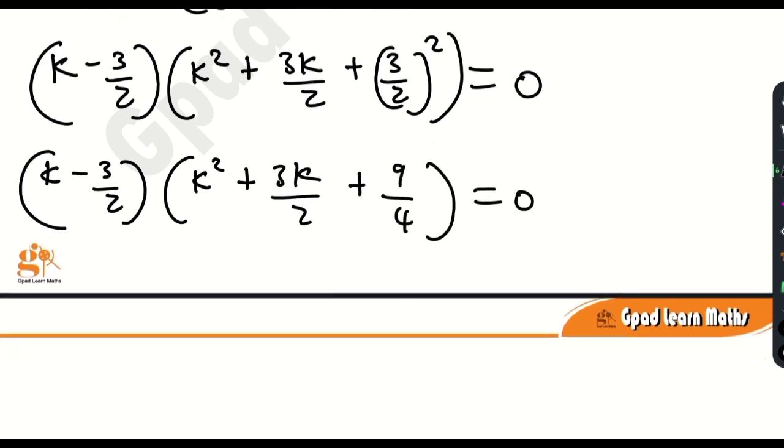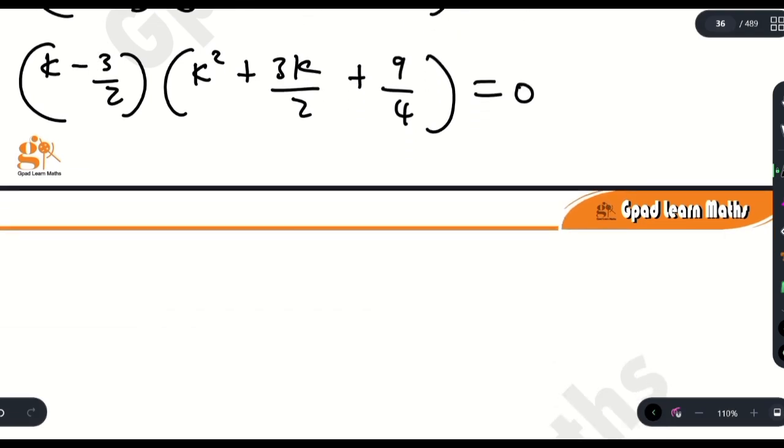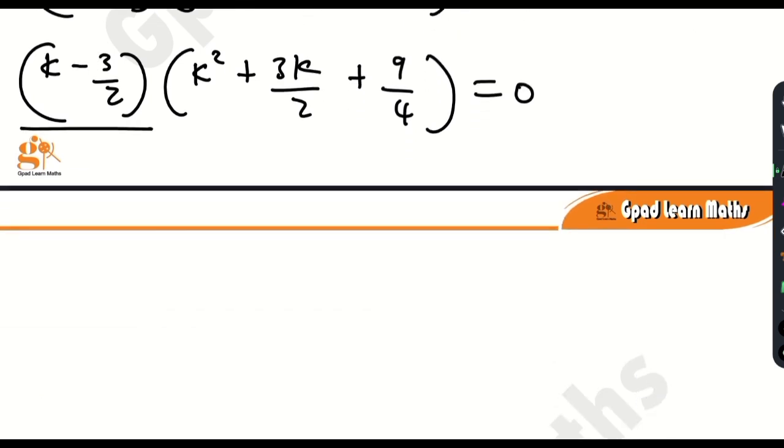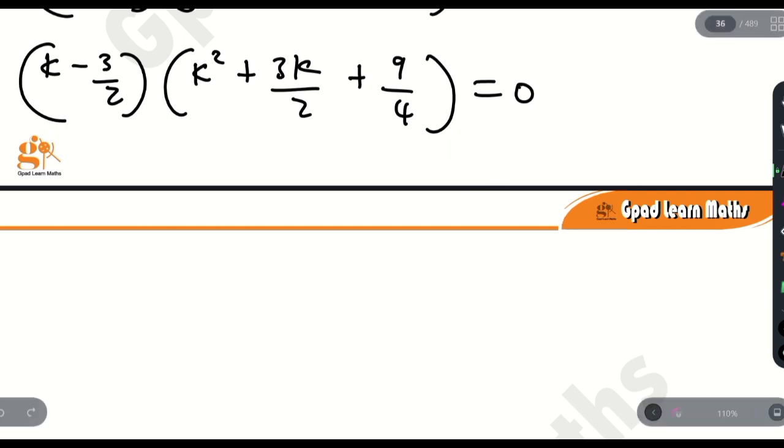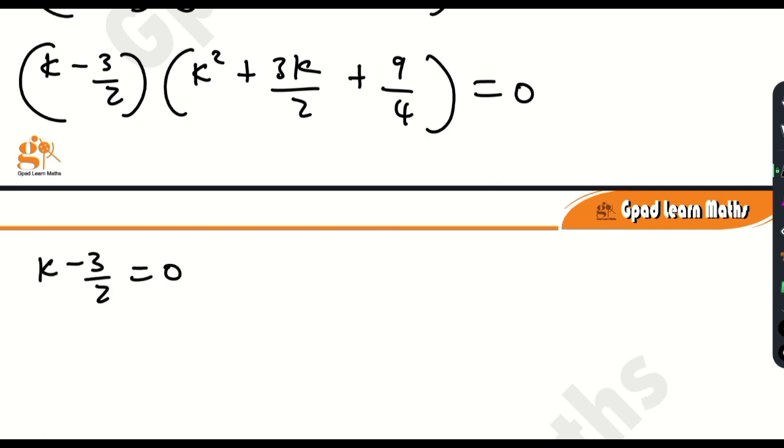Okay, now from zero product rule, since I have the product of these two expressions equal to 0, it means that either this first factor is equal to 0, or this is equal to 0, or both of them are equal to 0. So I'm going to write k minus 3/2 is equal to 0, or k squared plus 3k/2 plus 9/4 is equal to 0.